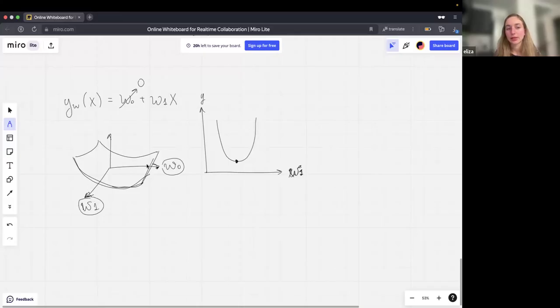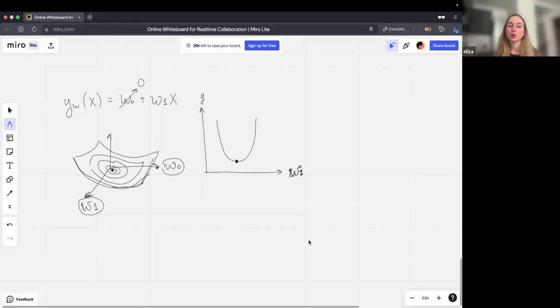On this function, you can draw some contours of level, and your optimal value with the minimal error is this point.